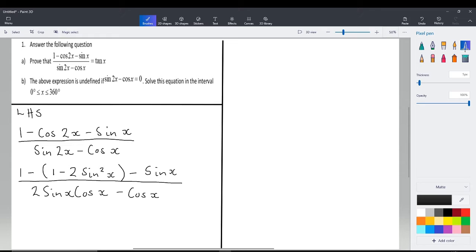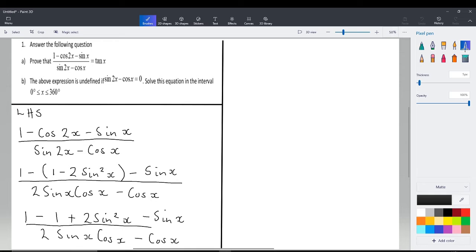This is equal to 1 minus 1 plus 2 sine squared x minus sine x, over 2 sine x cos x minus cos x. Simplify. This is equal to 2 sine squared x minus sine x.